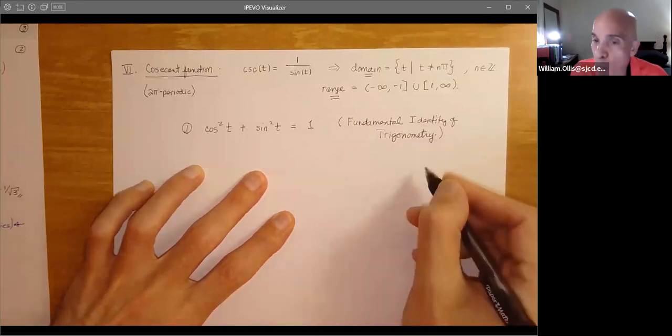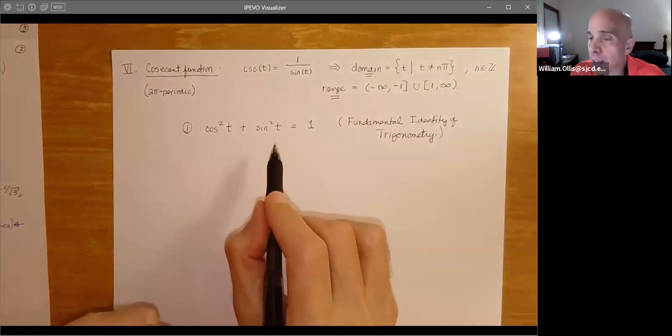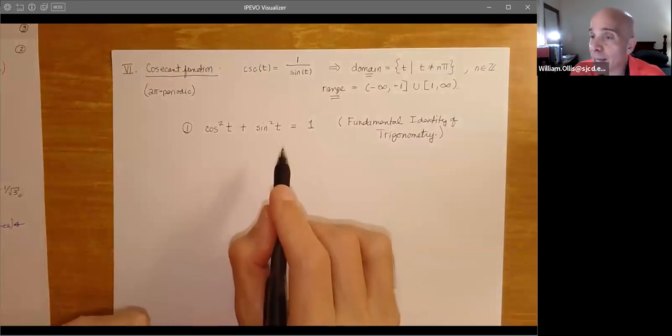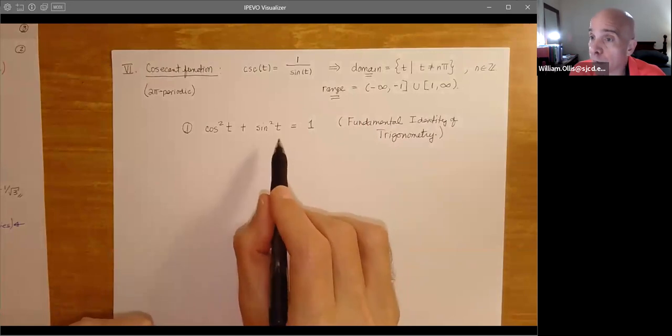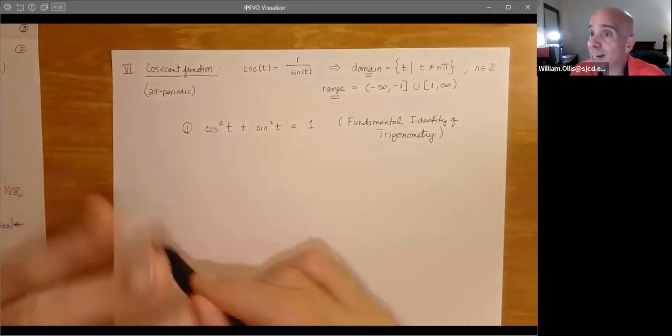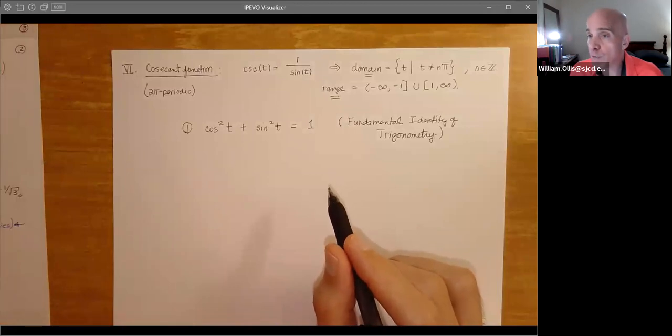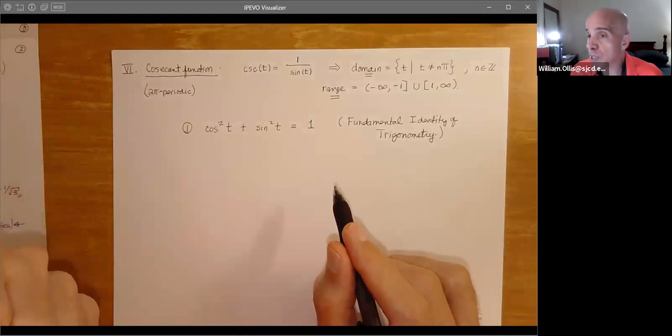And this, again, what's an identity? An identity is an equation that is valid for all values of the variables for which it is defined. An equation that is true for all values of the variables for which it is defined. We did those with the exponential rules. We did those with the logarithm identities, as long as it's defined.